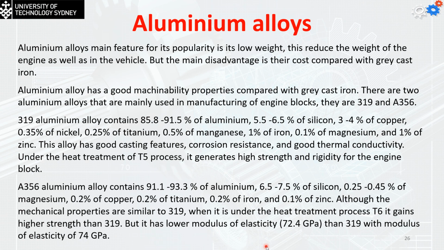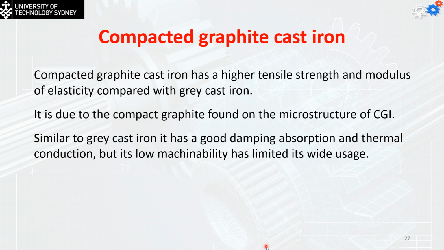Now, the other type of material we can use is what we call the compacted graphite cast iron. Actually, this is the type we talked about in the lecture yesterday, that when it is cooled down, it tends to expand instead of contract.